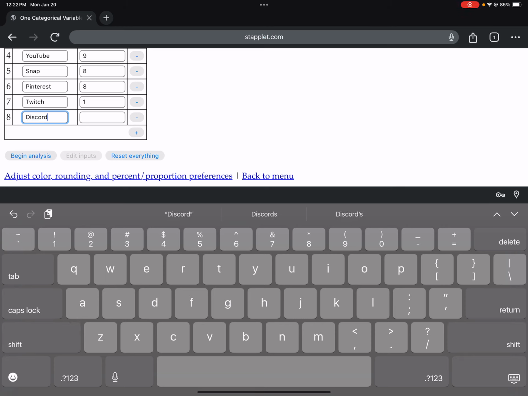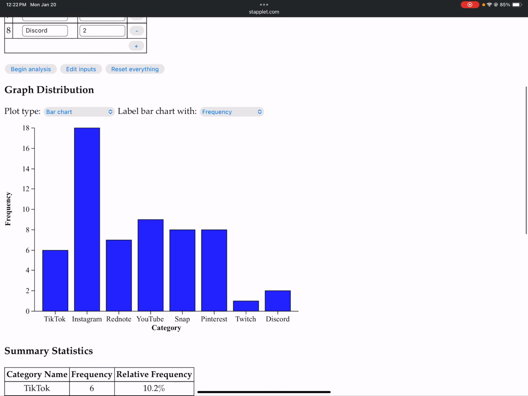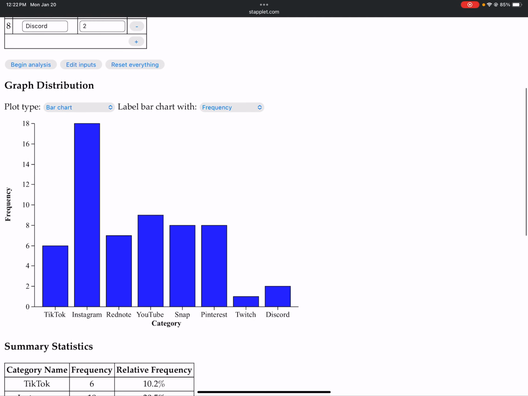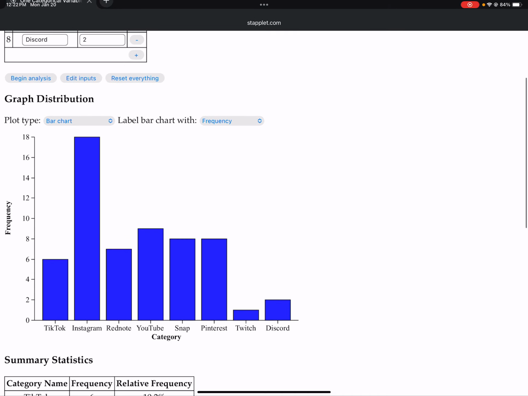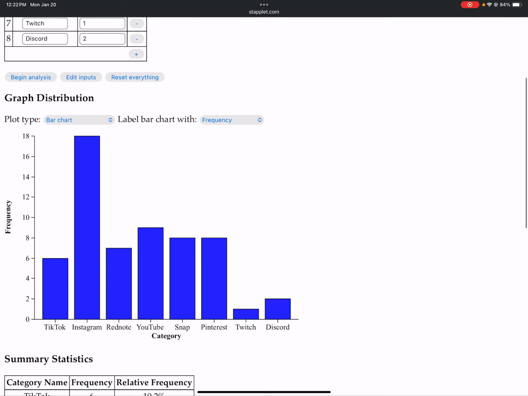And then I want to hit begin analysis, and it gives me my bar chart. And I'm going to take that bar chart and copy that over into my notes for number 5. What's important is that you label the y-axis as frequency and the x-axis as category. And then you equally space out, and everything is drawn to scale.